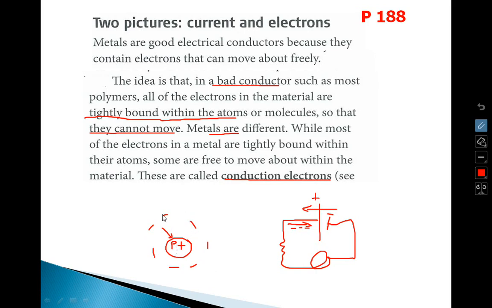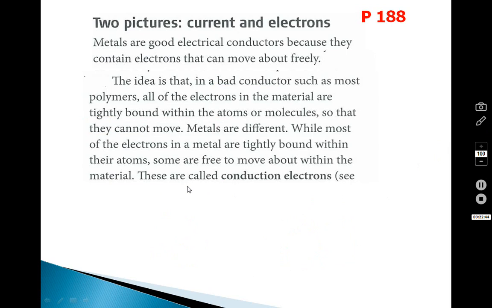Those electrons are responsible for letting the current move through the circuit, and they are called conduction electrons.